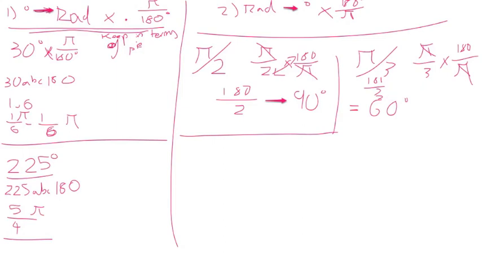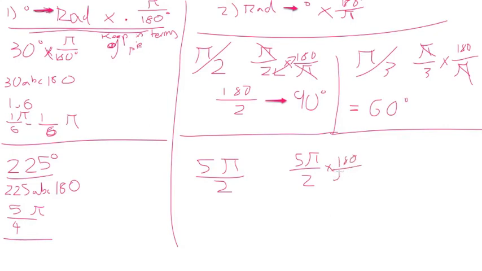And I'll do one more just to knock it into your skulls, I guess. 5 pi over 2. Okay, so you go 5 pi over 2 times 180 over pi.